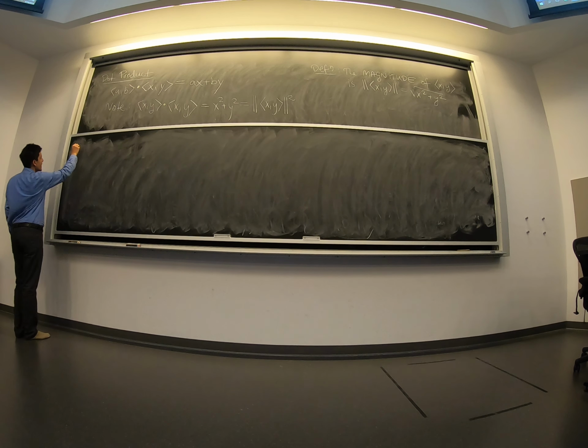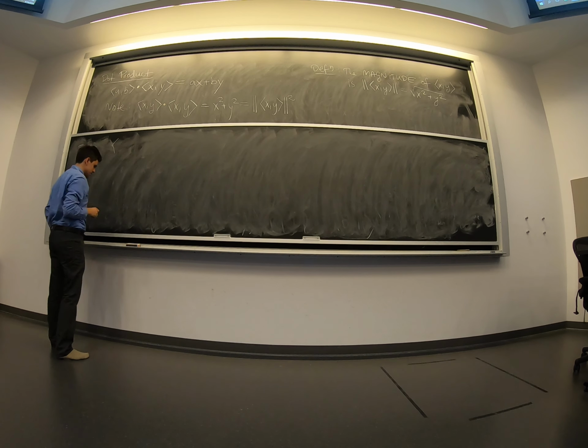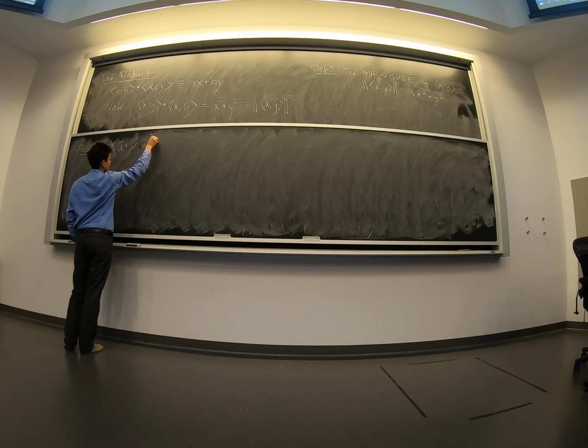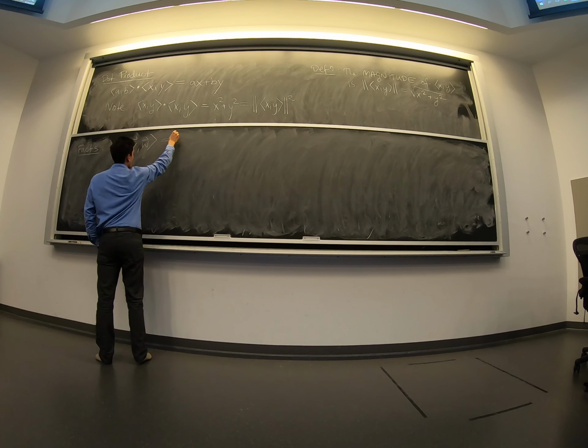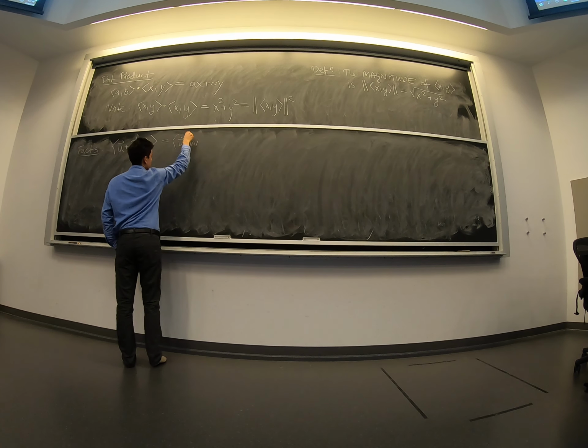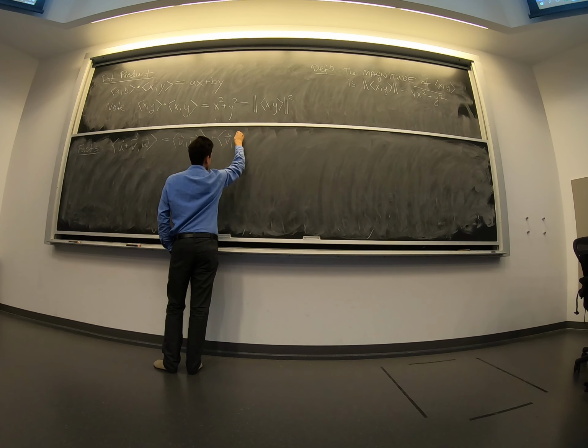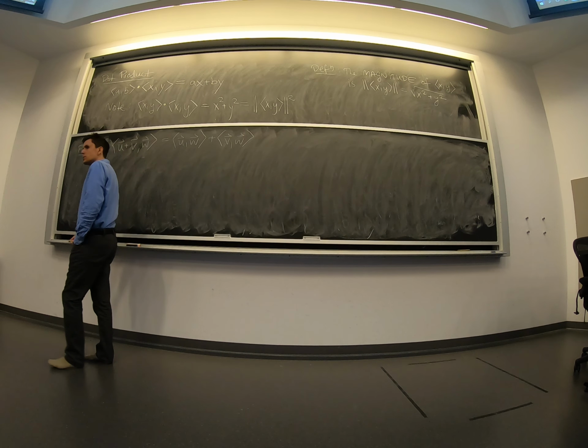So I want to remark a couple facts about this dot product. If we have a sum of things, if we have two things added together, then it splits up over the summation.